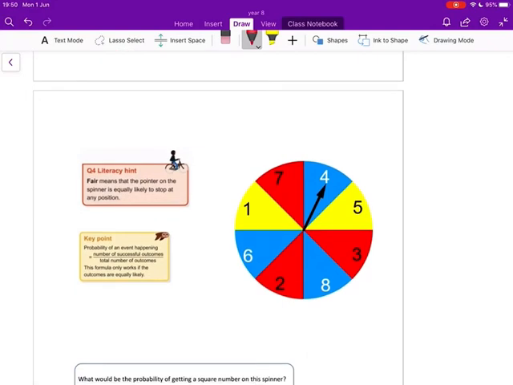So what we could think here is outcomes, possible outcomes for the numbers. We could get possible outcomes of 1, 2, 3, 4, 5, 6, 7, or 8.